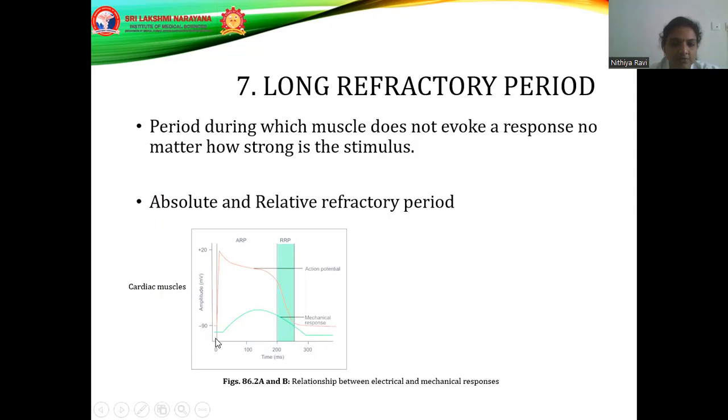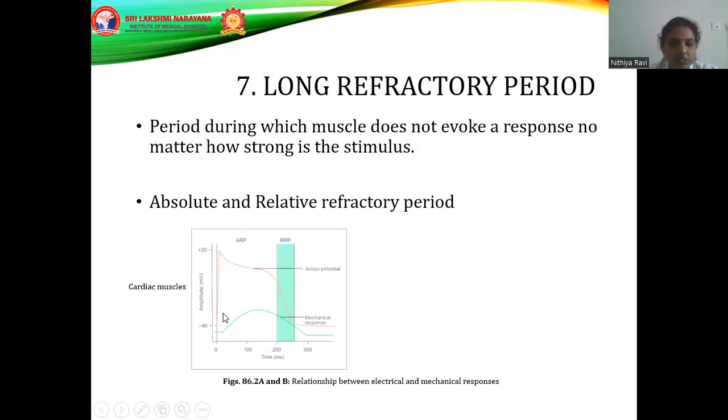The pink or red colored line graph represents the electrical activity, that is the action potential. You can see that the membrane becomes depolarized, then there is a plateau phase and then a repolarization phase. And the green line graph represents the mechanical activity.